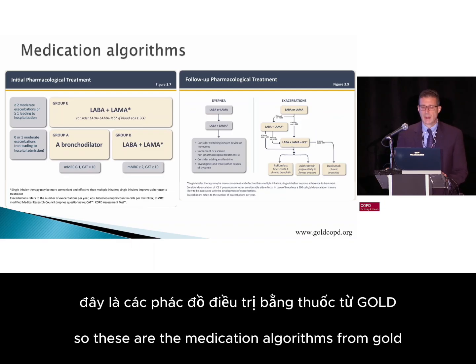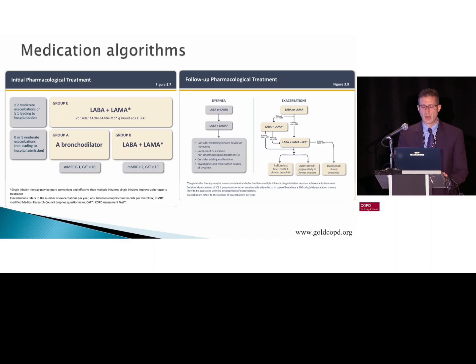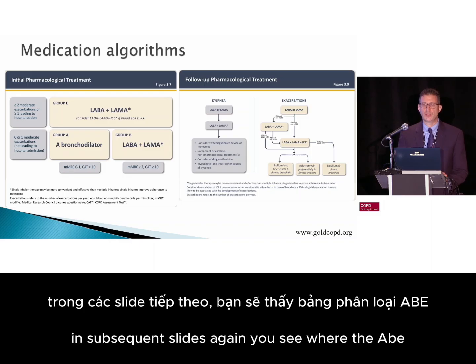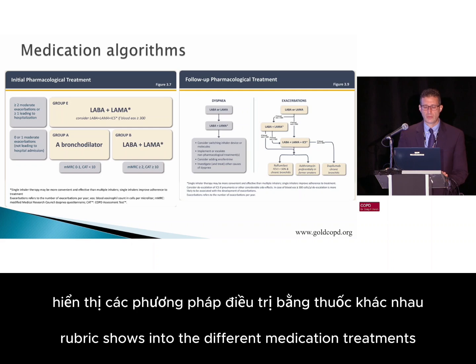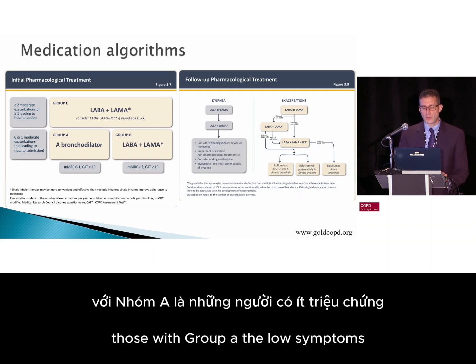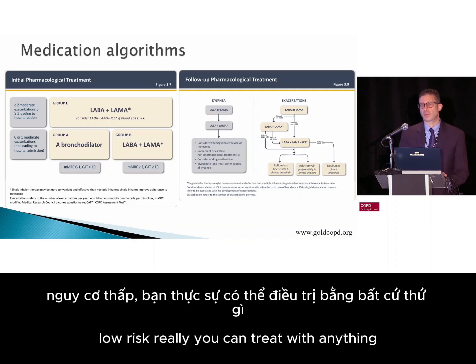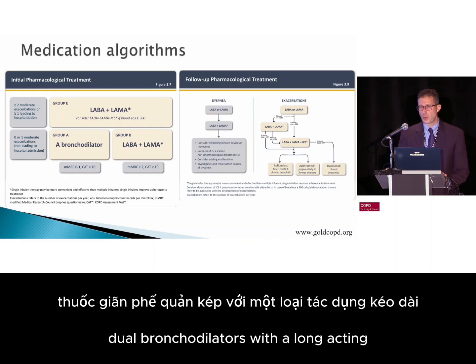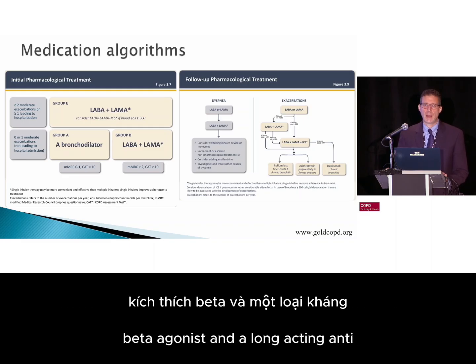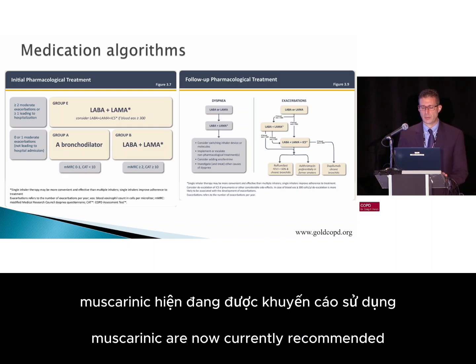So these are the medication algorithms from GOLD, and we'll go through some of the highlights in subsequent slides. Again, you see where the ABE rubric shows into the different medication treatments. Those with group A, the low symptoms, low risk, really you can treat with anything, any bronchodilator. The group B, the more symptomatic, dual bronchodilators with a long-acting beta agonist and a long-acting antimuscarinic are now currently recommended.